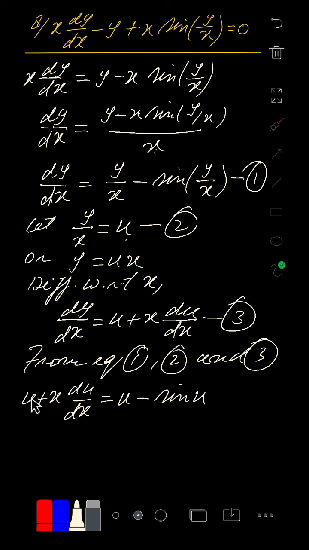So transposing this u to the right-hand side, we have x du upon dx is equal to u minus sin u minus u. This u positive and this u negative are both cancelled with each other.